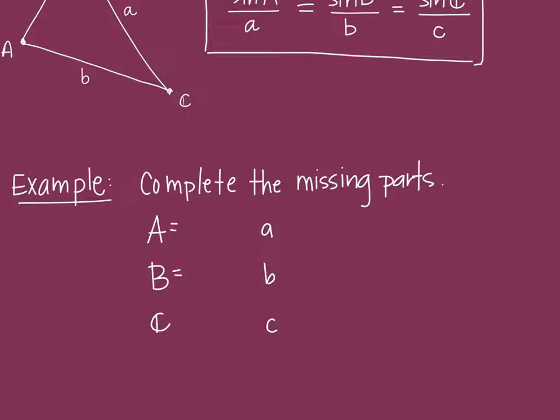And like I said, of those 6 parts, you will always be given exactly 3. All right, what you're going to be given this time is 49 degrees for A, 28.7 degrees for B, and 27.4 for little b.